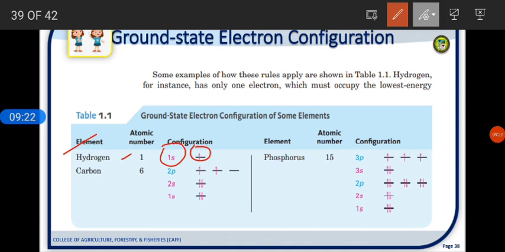And for carbon, it has atomic number 6. Therefore, how many electrons? You also have to plot 6. So we also have phosphorus, atomic number 15.